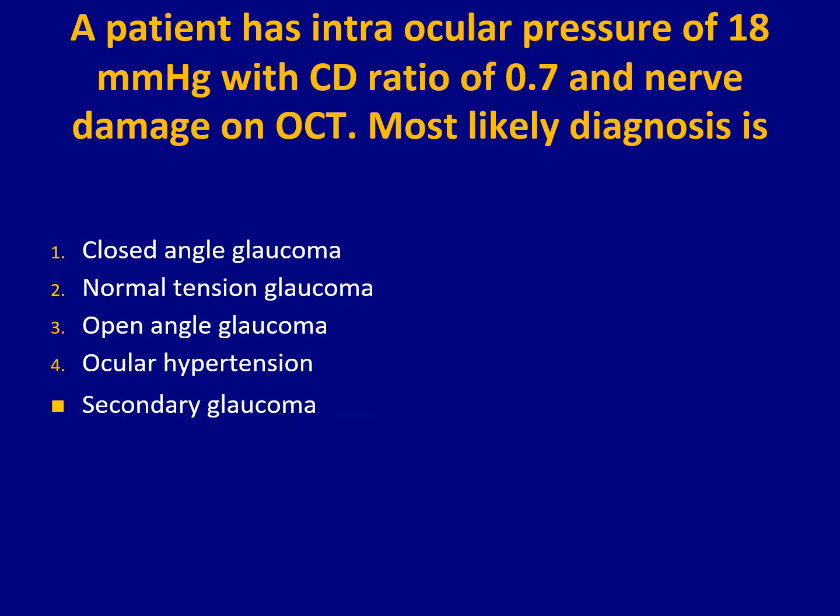Next MCQ. A patient has intraocular pressure of 18 mm of mercury with cup disc ratio of 0.7 and nerve damage on the OCT. Now concentrate on the stem. There is damage to the disc and damage on the OCT, so it is a glaucoma, but the pressure is within the normal limits.